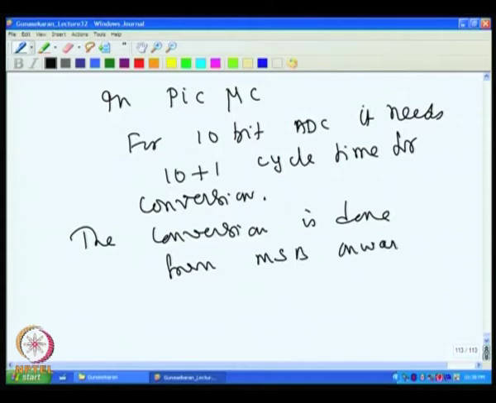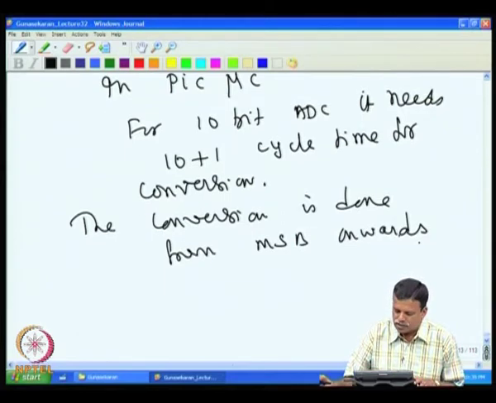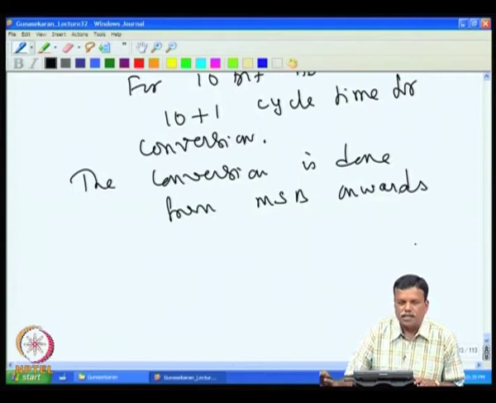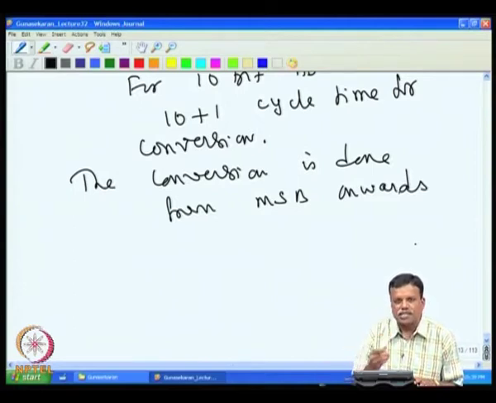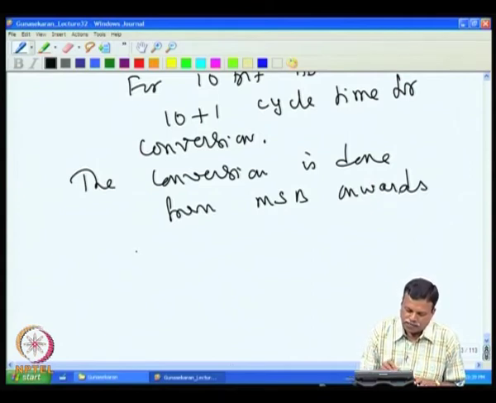So, if we leave the first cycle, then at the end of the second cycle the first MSB is ready, that is the higher end bit is ready.